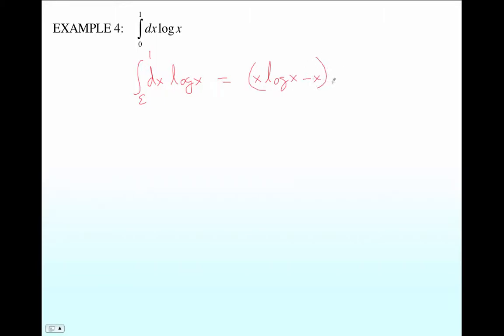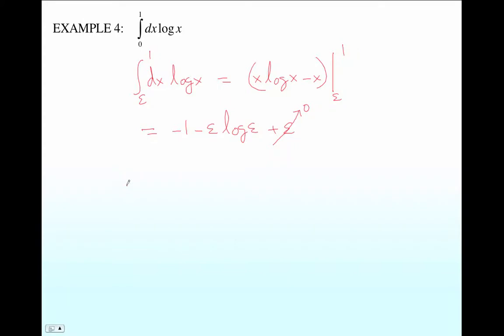And if you differentiate what's inside, you'll just get log of x. The limits are between epsilon and 1. Log of 1 is 0, and so this is just minus 1 minus epsilon log of epsilon plus epsilon. Of course, we're only interested in small epsilon, and therefore this will be neglected.